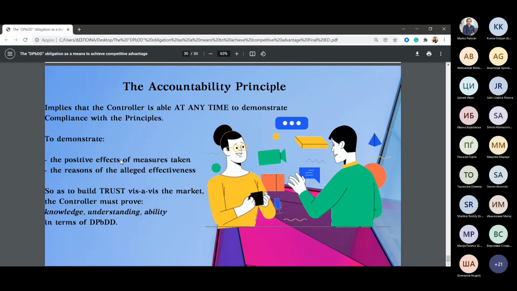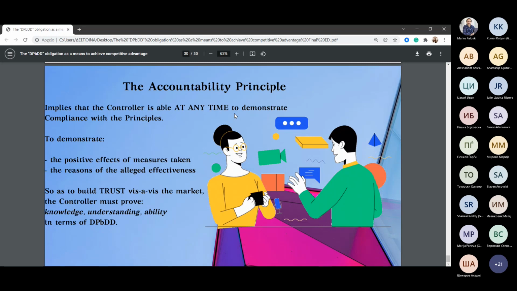In order to prove transparency, lawfulness, fairness, purpose limitation, data minimization, accuracy, storage limitation, and integrity and confidentiality, the controller must be able at any time to demonstrate compliance with all the aforementioned principles.